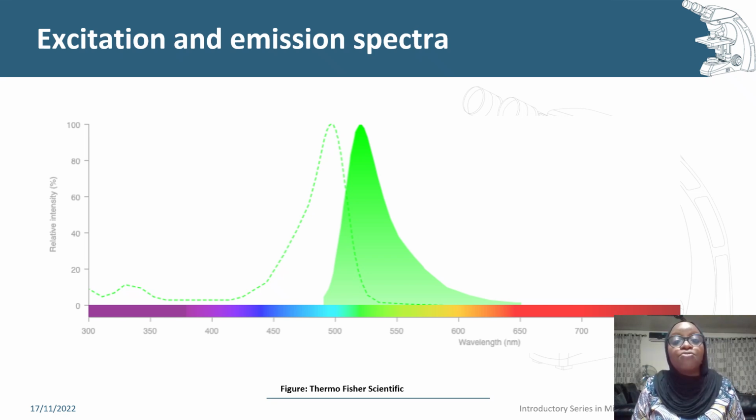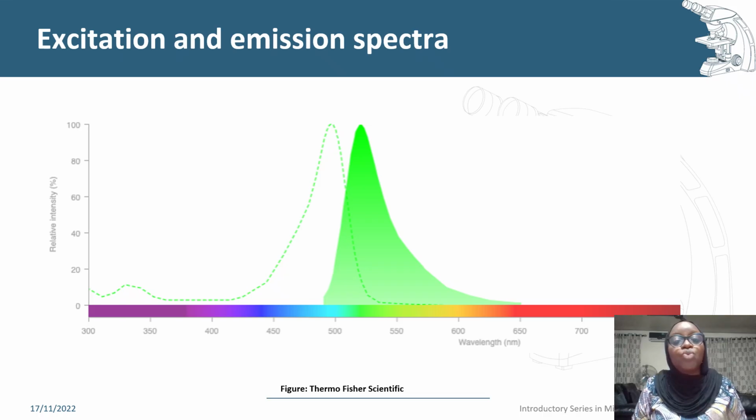Therefore, fluorescence can be excited by 450 nanometers or 500 nanometers light, for example. Taking a look at this image, the likelihood of fluorescence occurring at 450 nanometers is approximately half of that at 500 nanometers.